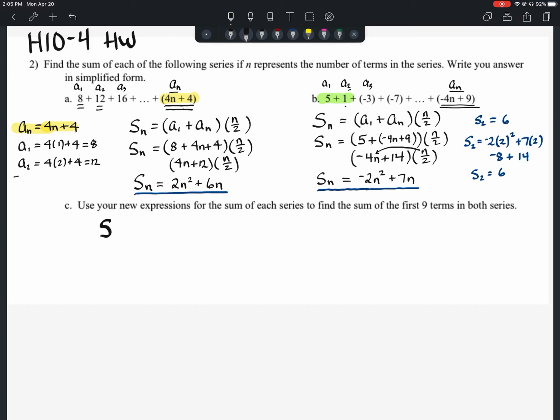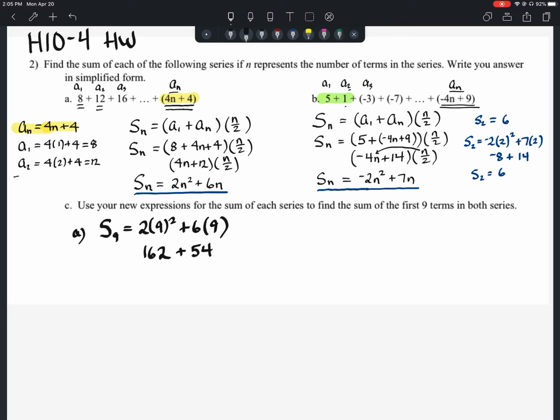Watch, this is for letter A first. We can say the sum of the first 9 terms should be 2 times 9 squared plus 6 times 9. Okay, so 9 squared is 81, times 2 is 162, plus 6 times 9 is 54. And then all we need to do is add those together. Let's see here.